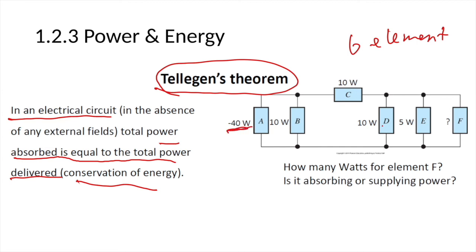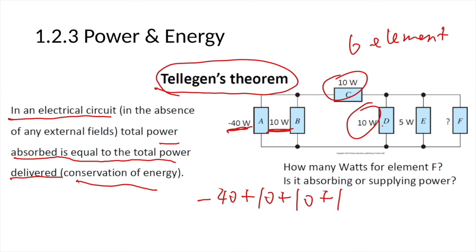So here is negative 40 plus 10 plus 10 plus 10 plus 5 plus, let's assume this is x, plus x equals 0.